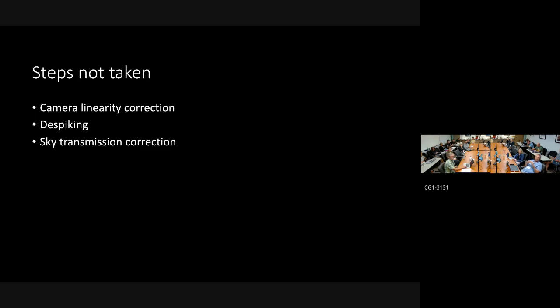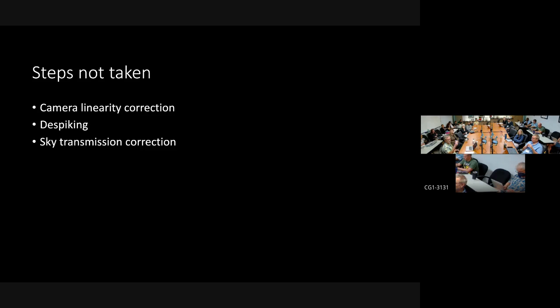There are steps that we don't do now that we might or maybe have eliminated. That's the camera linearity that we do for some other instruments. We did some exploration with that. It doesn't seem to be necessary. There's a despiking that we talked about with some of the hot pixels that are variable, right? You might want to find those on the fly and do some kind of correction for those because they cause some problems for some of the other level 2 products.